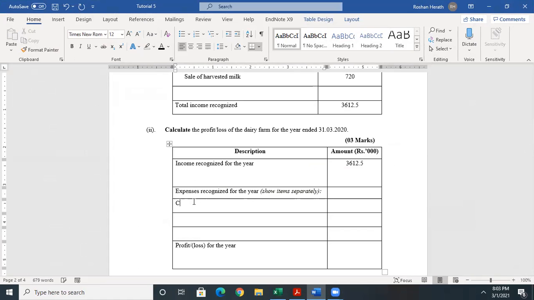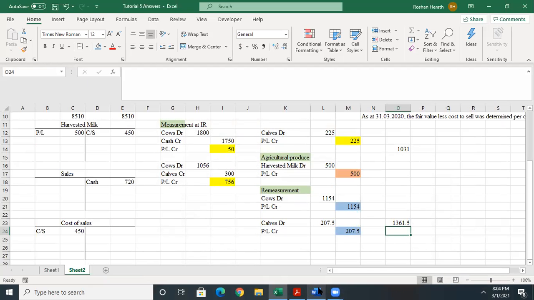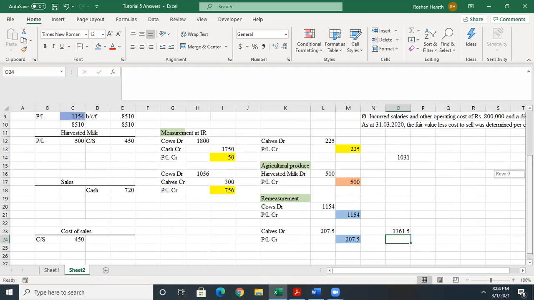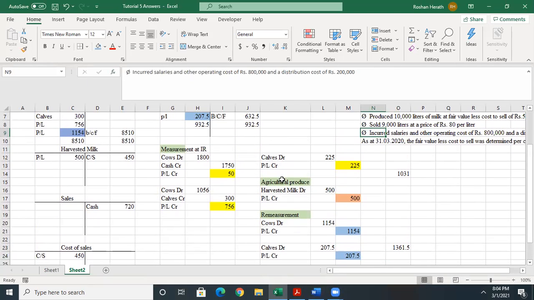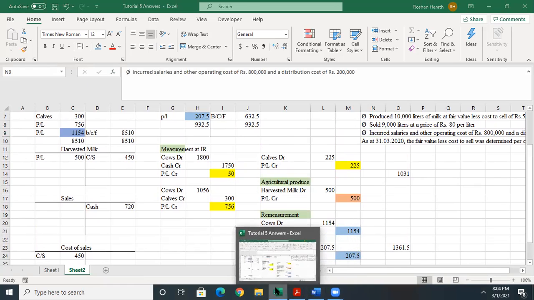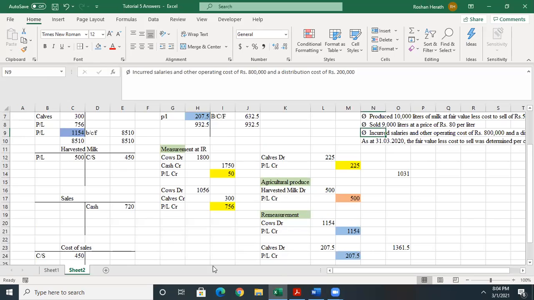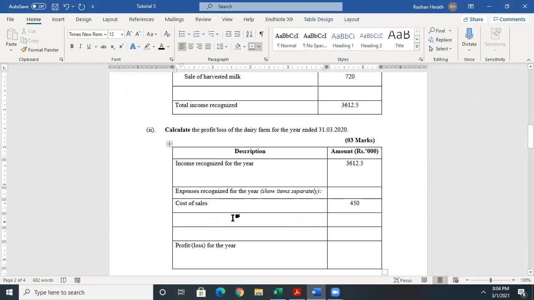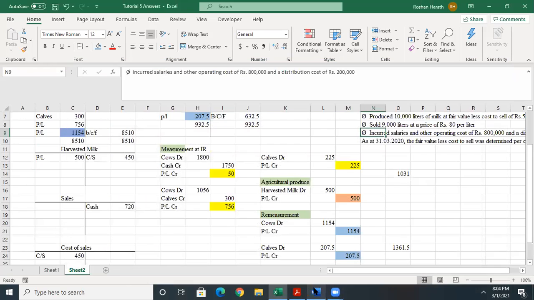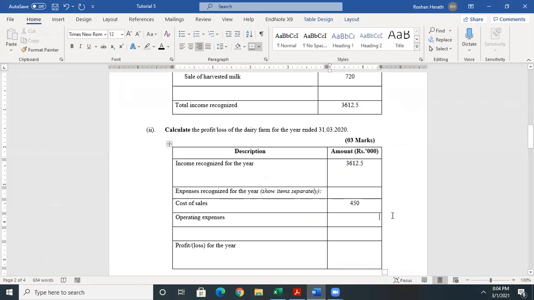That must be one of the major expenses, and it was 450, as you witnessed. And then the question said there were operating expenses. You incurred operating expenses of 800,000. So it's a major expense. Operating expenses here, 800.